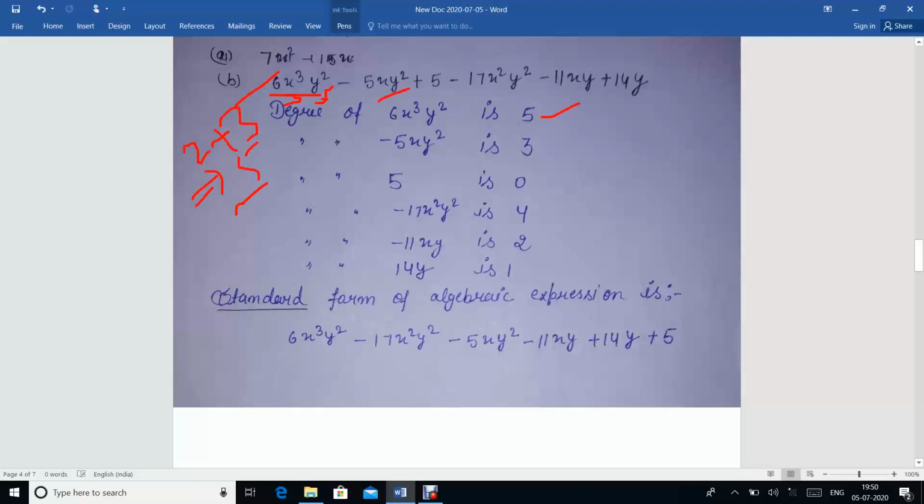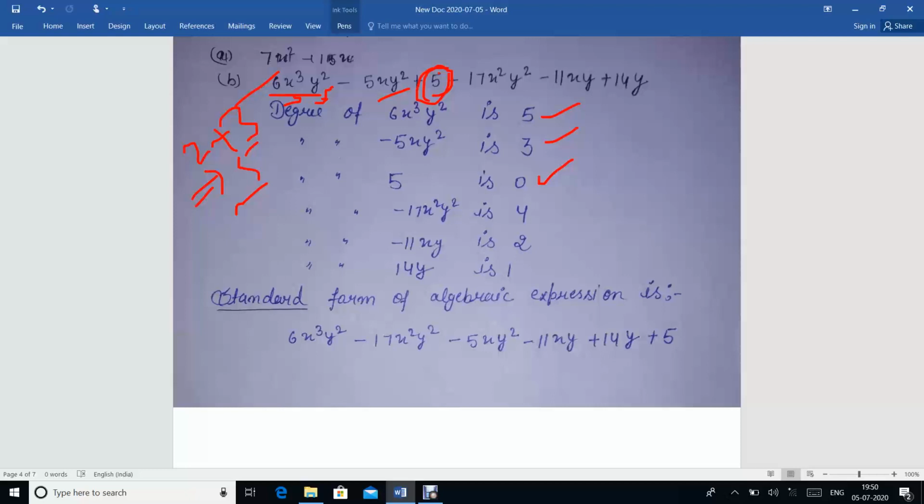Similarly 3 will be the degree of 5xy square. Here in this term 5, you have no variable. No variable is given here, so the degree will be 0. A constant term means a term which does not contain any variable.